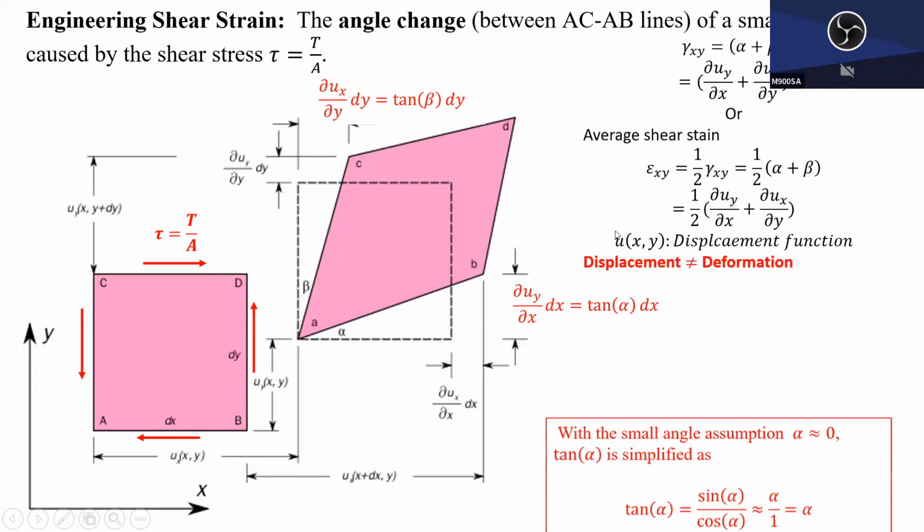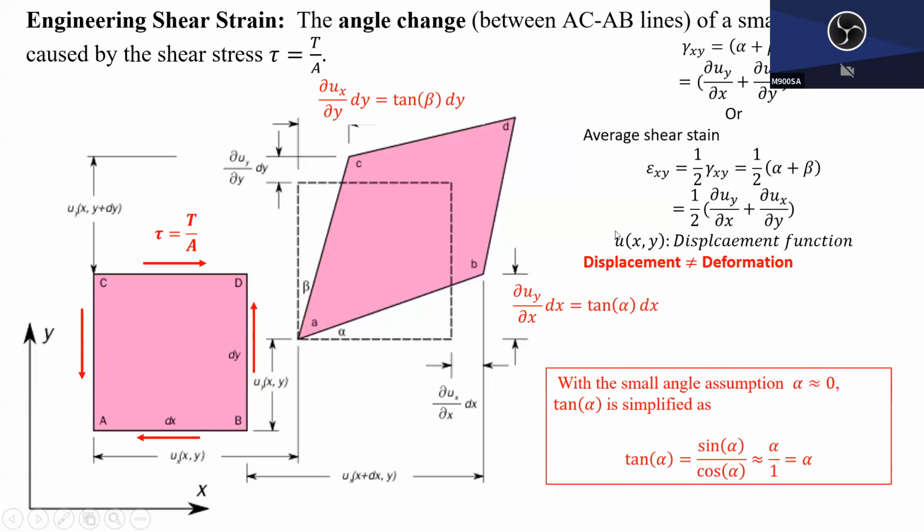Here, of course, this picture is exaggerated. Usually it will not tilt that much, just a little bit. Small strain means the angle change is very small. Then we can say tangent alpha is sine of alpha over cosine of alpha. The angle is very small, so the cosine is almost 1, and sine of alpha is almost alpha.